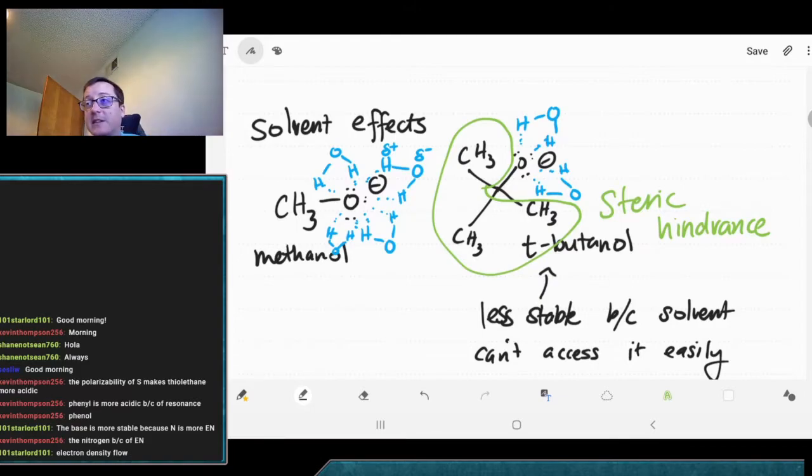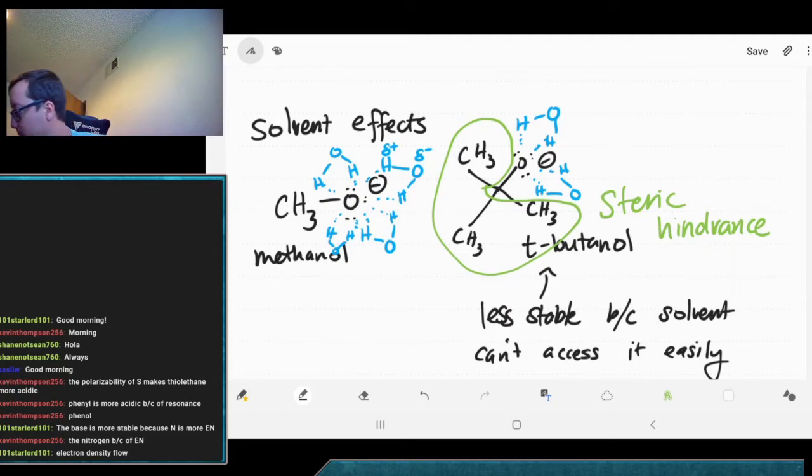So your solvent can help to stabilize things because, remember, water is attracted to positive and negative things. So the water is going to want to come in and interact, and that's going to help stabilize things. But if you've got a lot of stuff in the way that's preventing your water molecules from coming closer, that's going to make it a little bit less stable.